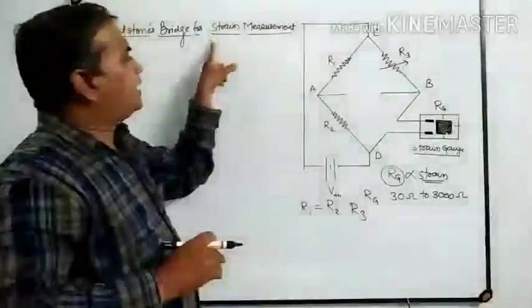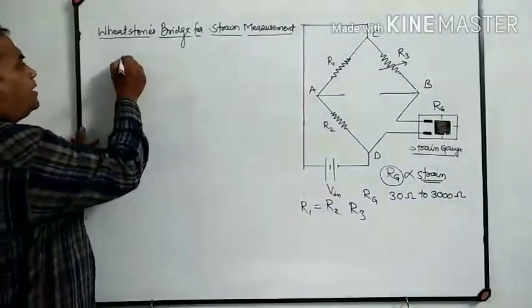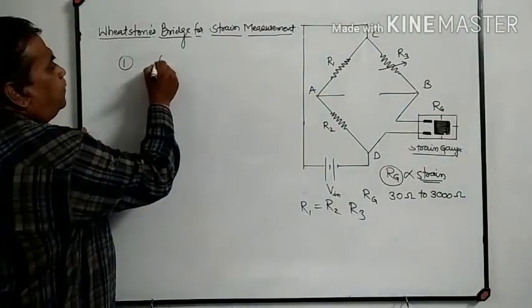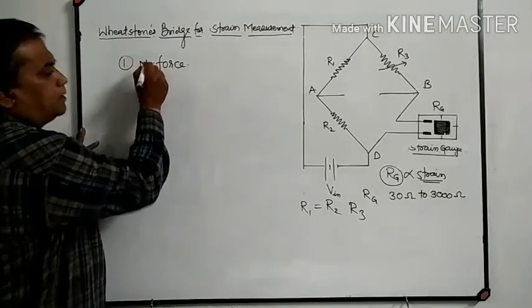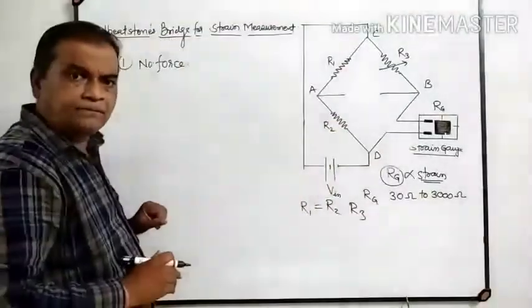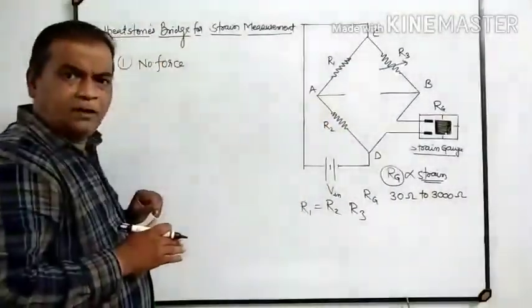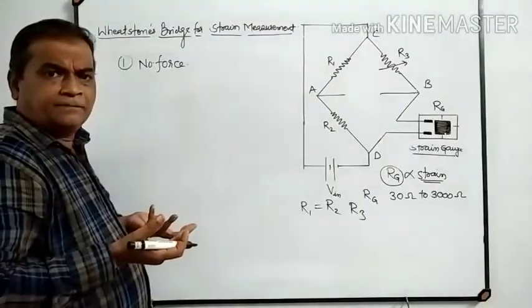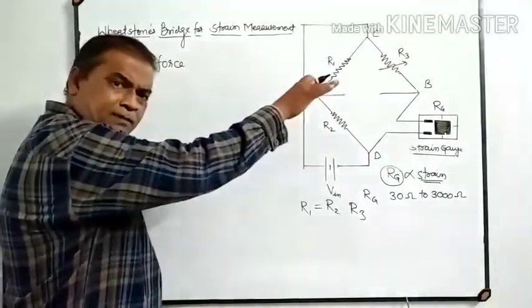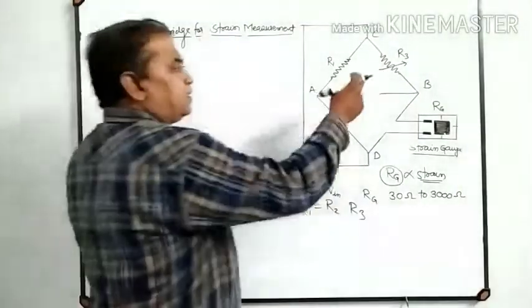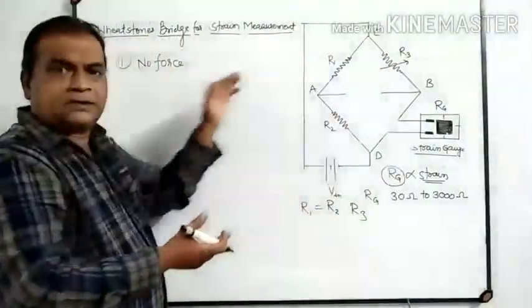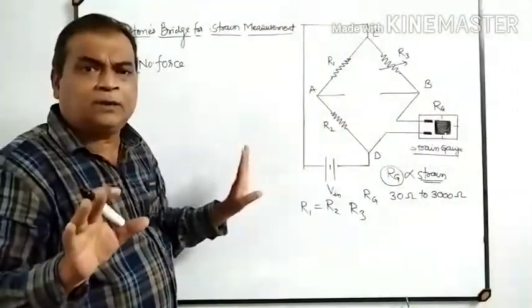So in order to measure the strain, first no force is applied on the strain gauge. Means it is neither pressed nor stretched, and no force applied means the strain acting on the strain gauge is 0.